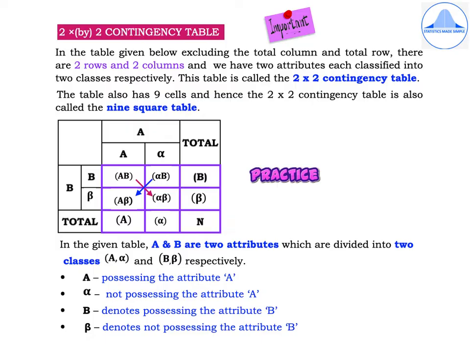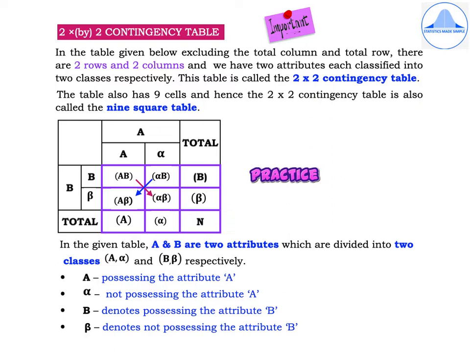In the table, capital A denotes possessing the attribute A, alpha denotes not possessing the attribute A. Similarly, capital B denotes possessing the attribute B, and beta denotes not possessing the attribute B. Practice this table thoroughly because we will be using it to solve the problems.